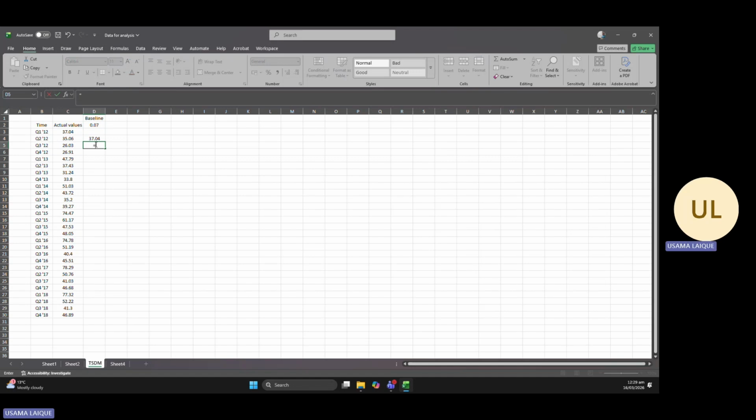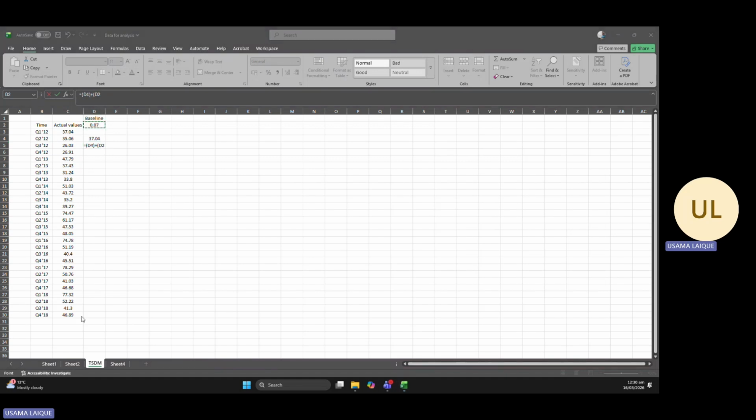Then we go on and apply the exponential smoothing. The exponential smoothing equation is F subscript t minus 1, which is this value, so this is the current forecast. This cell value corresponds to F subscript t minus 1. Then we add to that the alpha value selected. In this case, we selected an alpha value of 7%, and we are supposed to fix it, since all the cells will get the alpha value of 7%.